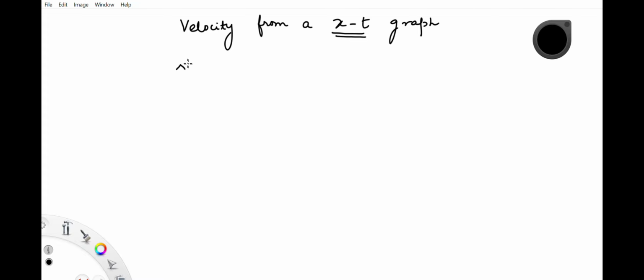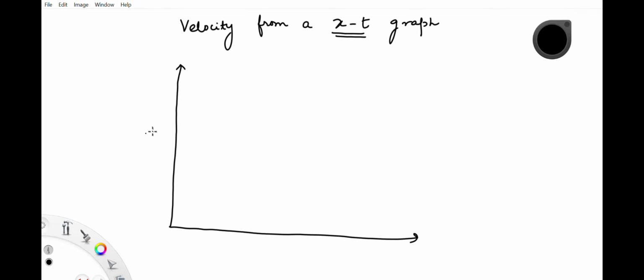Now we all know that for the position time graph, we plot position, or x, the variable x, on the y-axis, and time on the x-axis. So let's take a simple example, x and t.